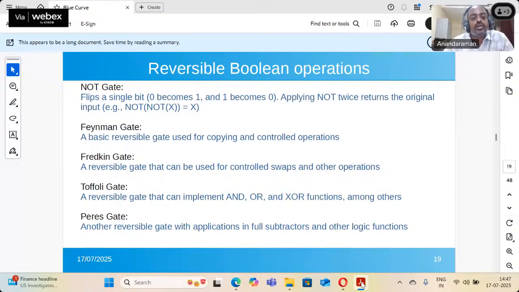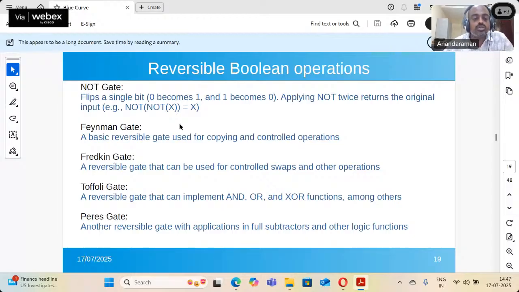So reversible Boolean operations. Like in classical irreversible computing, we have AND gate, OR gate, NOT gate, here also we have a set of gates: NOT gate, Feynman gate, Fredkin gate, Toffoli gate, Peres gate. We will implement all these and see. NOT gate flips a single bit: 0 becomes 1 and 1 becomes 0.